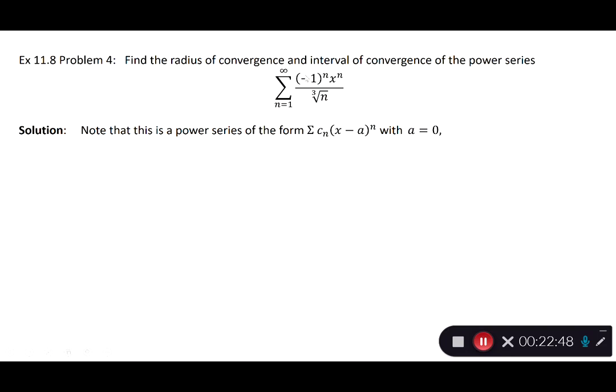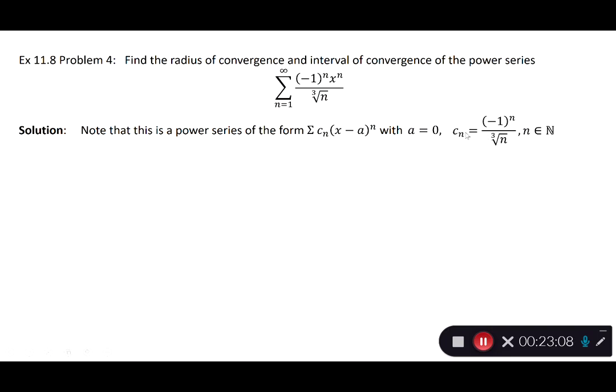And c sub n, any ideas what c sub n is? C sub n is negative 1 to the n over the cube root of n. However, notice this is starting from n equals 1 to infinity, so n must be an element of the natural number set.